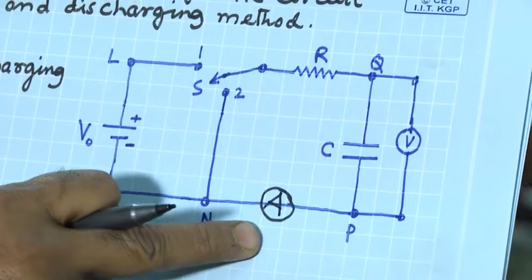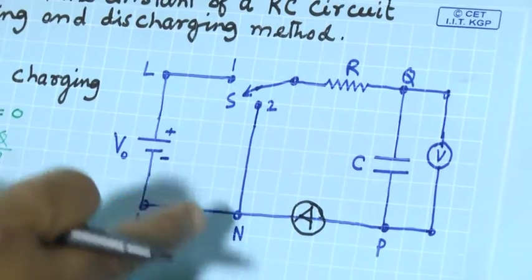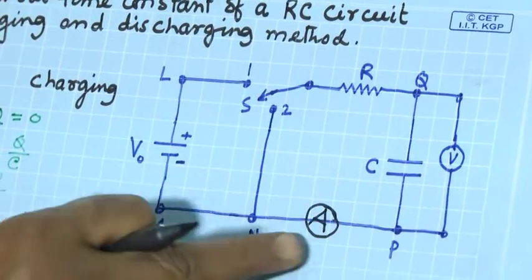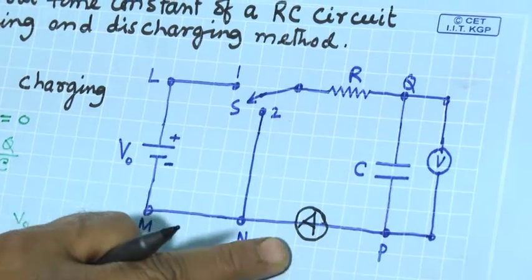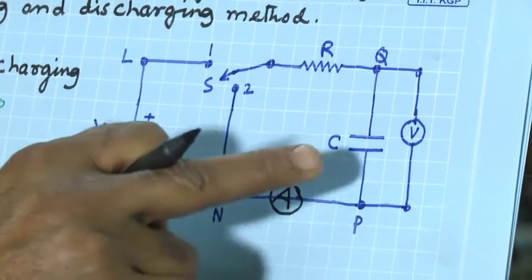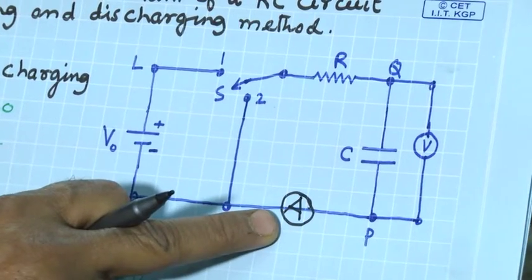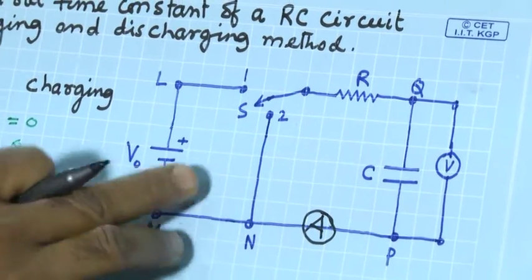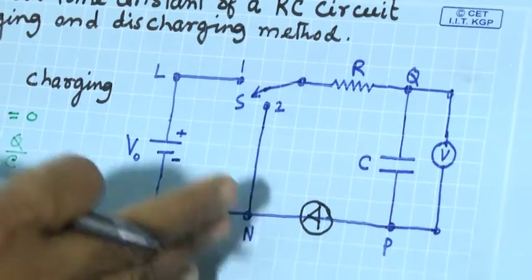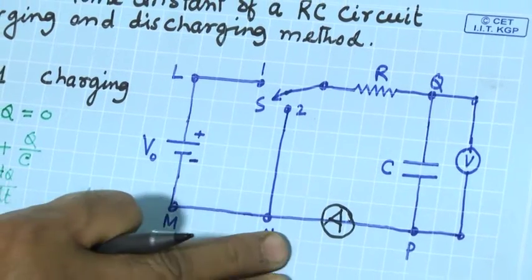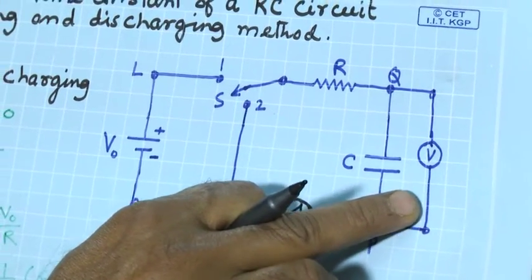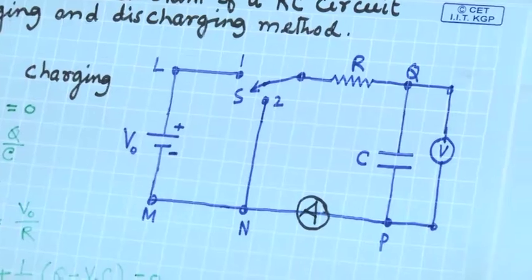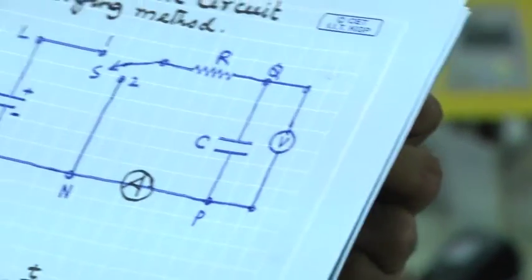In both cases, during charging and during discharging, how the current behaves in this circuit, we can find out from this ammeter. The ammeter will give the current variation in this circuit during charging and discharging time. Also we will see the variation of voltage across this capacitor during charging and discharging. Okay.